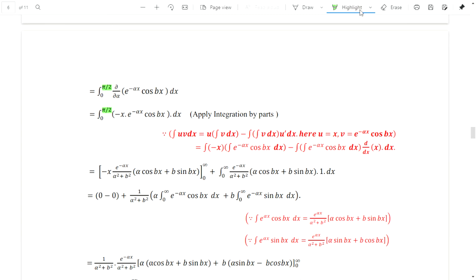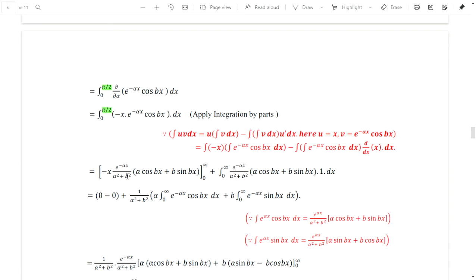So let us see, from 0 to infinity, plus the integral from 0 to infinity. Here, for the second term, whatever function we have got, the same function we have to write here into d by dx of x, that is 1 into dx. Now for this, let us apply the limits.